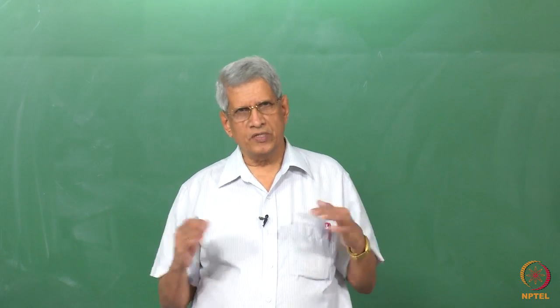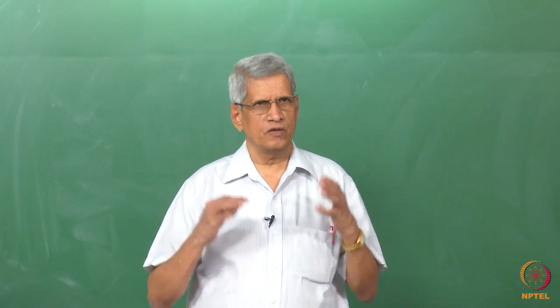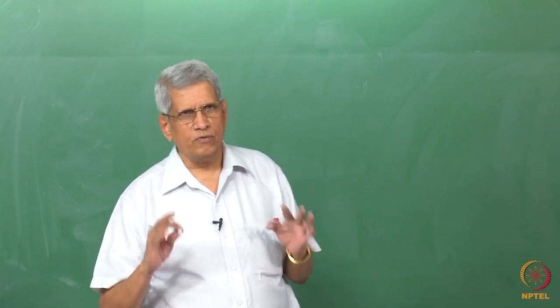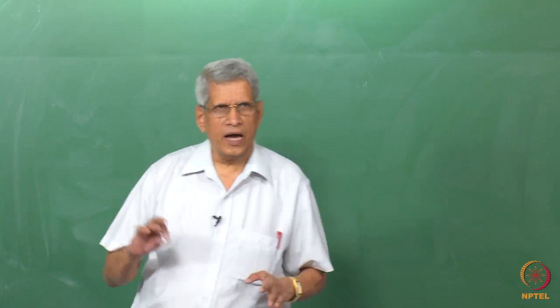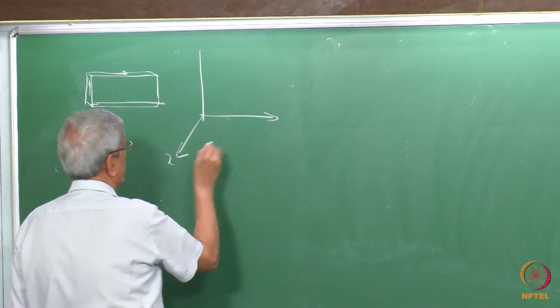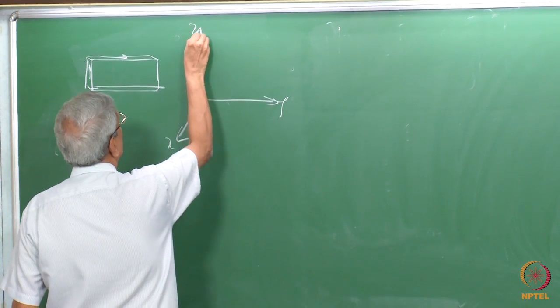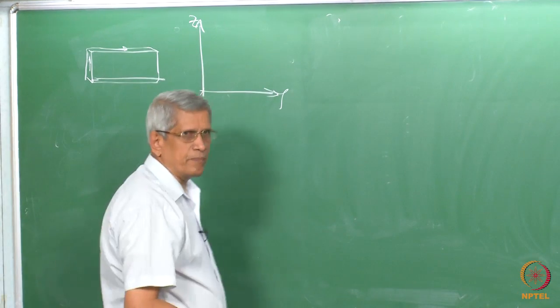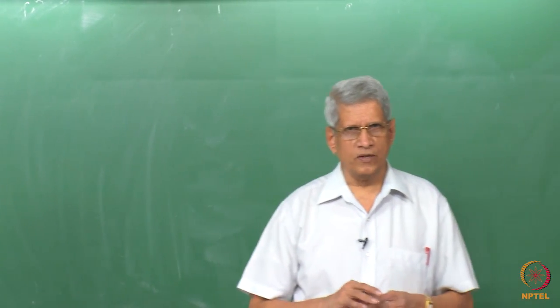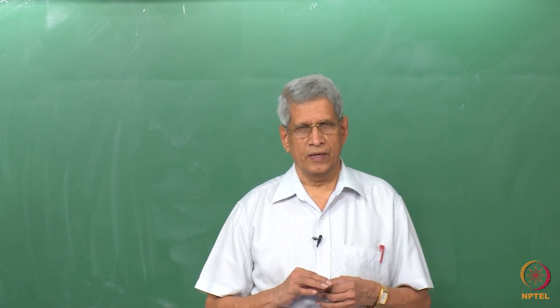When we say it depends on direction, then what is important? To represent directions, we have to choose a coordinate system and then tell how the property changes. So we have to choose an axis system, and with respect to this axis system, we should tell how this property is varying. That is very much necessary.